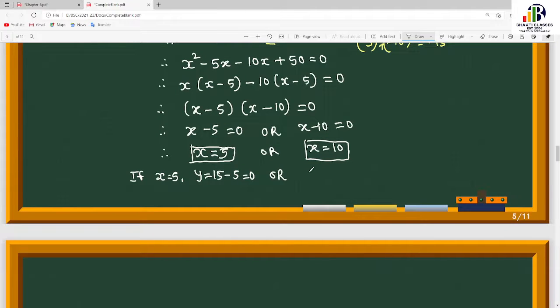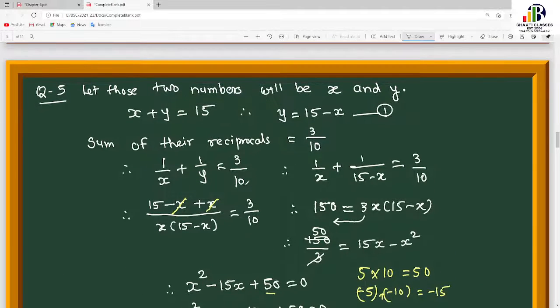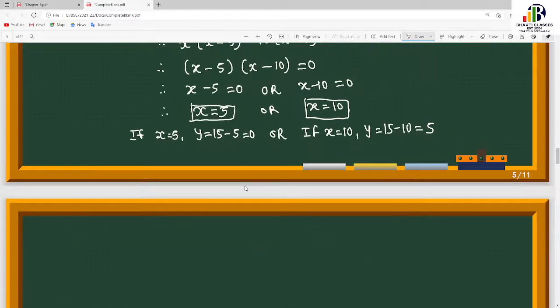Or you can say, if x is equal to 10, y is equal to 15 minus 10, which is equal to 5. So the two numbers are either 5 or 10, or 10 or 5. So the two numbers are 5 and 10.